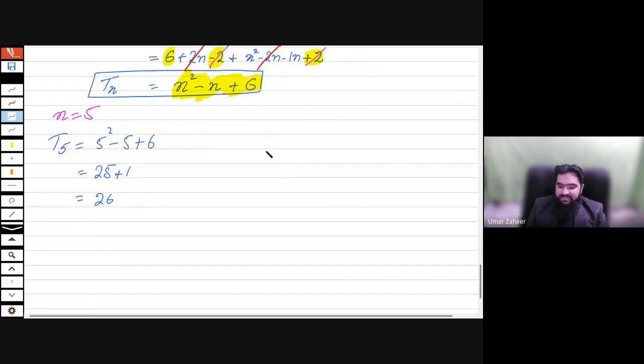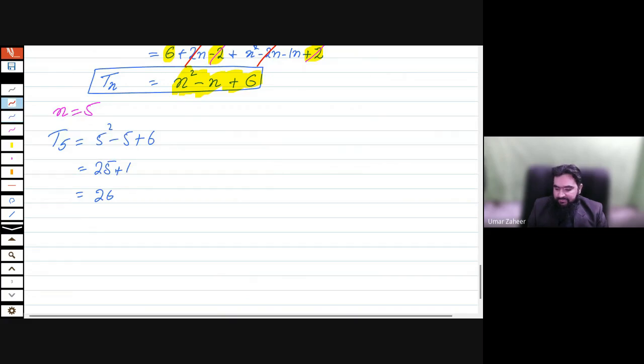If, for example, the examiner says that you have to find the 146th term, obviously it is not possible to find it manually, but if you have the nth term, you can find it easily.